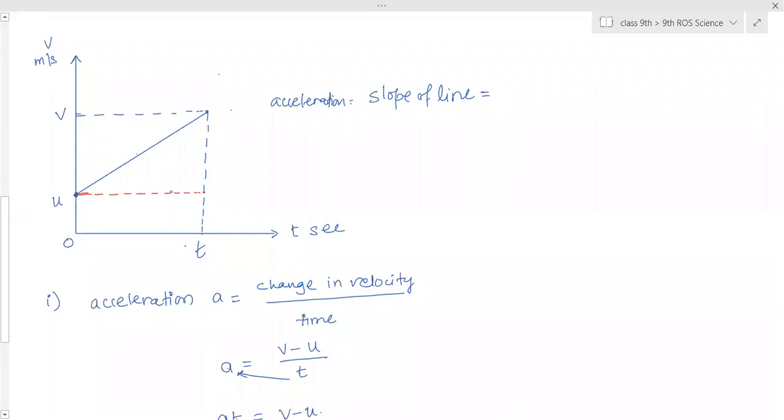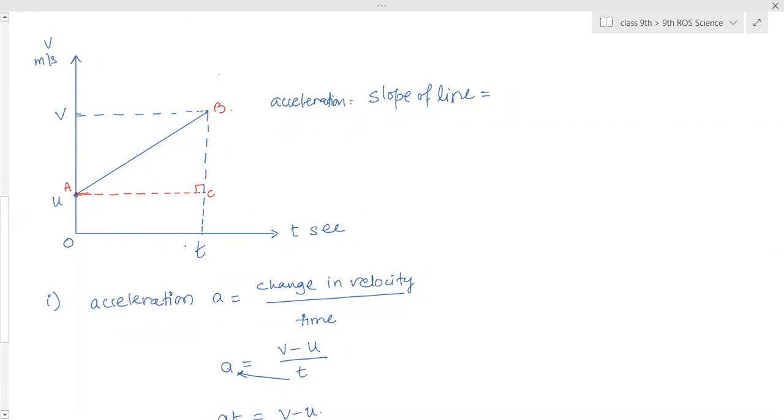So I will start from this one only. This is a right triangle. We have drawn a perpendicular, so this is now a right triangle. Consider this point is A, this point is B, this point is C. So the slope of this graph, by making a right triangle, is the vertical distance divided by the horizontal distance.